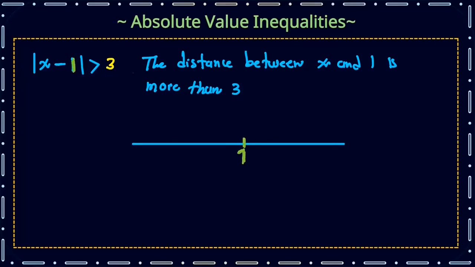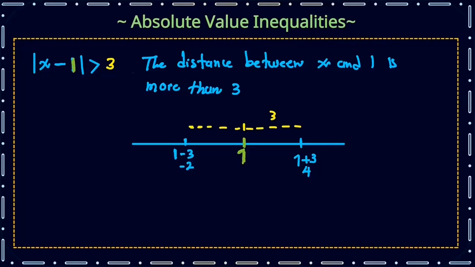We're going to go over by a distance of 3 and under from 1 by a distance of 3. And that will get us to the boundaries of 1 plus 3, which is 4, and 1 minus 3, which is negative 2.